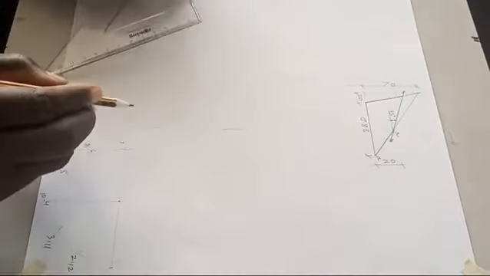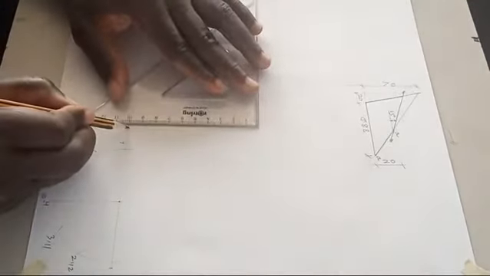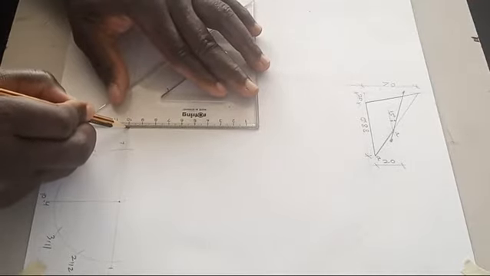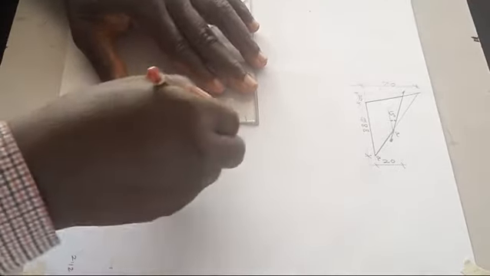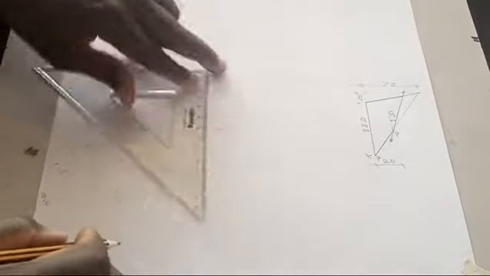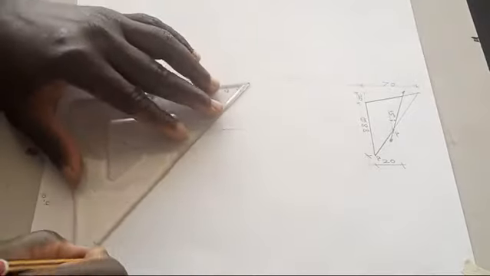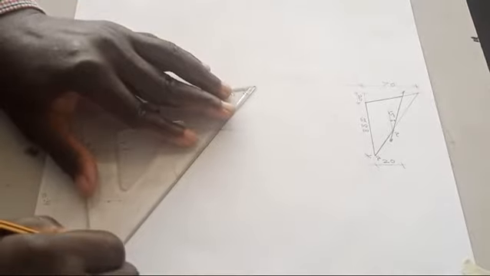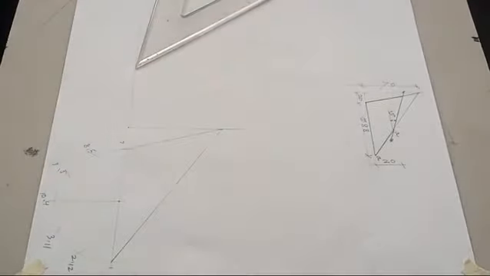Now from there, you can measure the height, which is 70. This is 70, so you can now bring it back like this, and this one too goes that way.